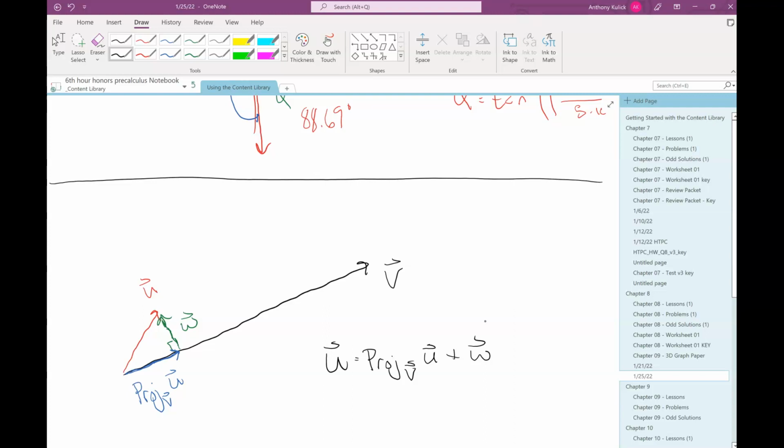Right? What does orthogonal mean when it comes to vectors? Just that they're at a right angle. So that's kind of our definition. Or, I suppose, with a little bit of rearranging, we could say that vector w then would be u minus the projection of u onto v.